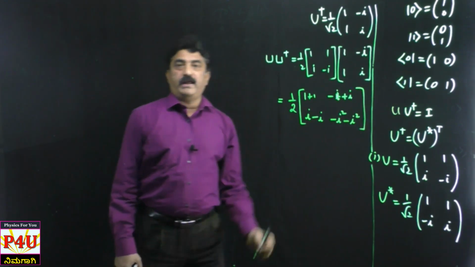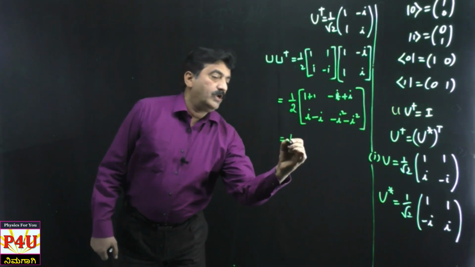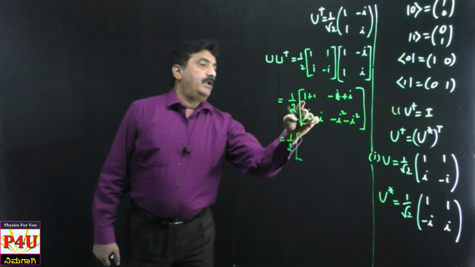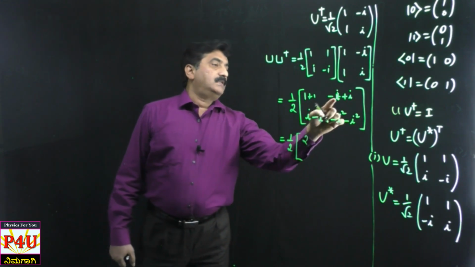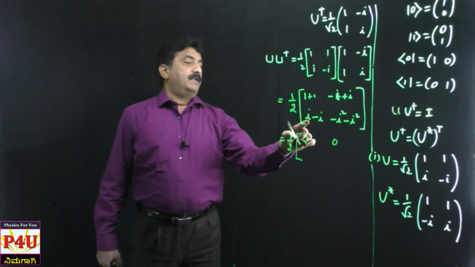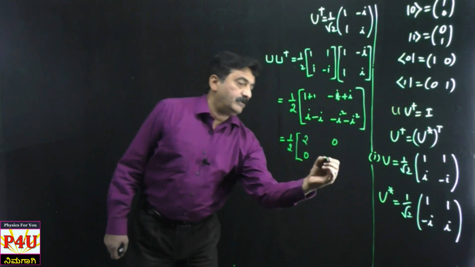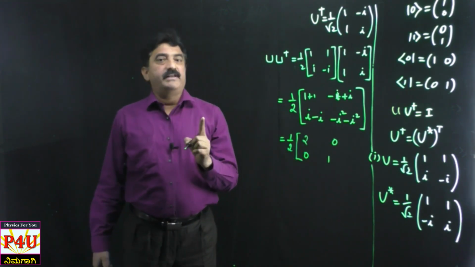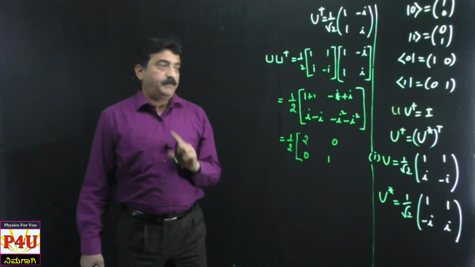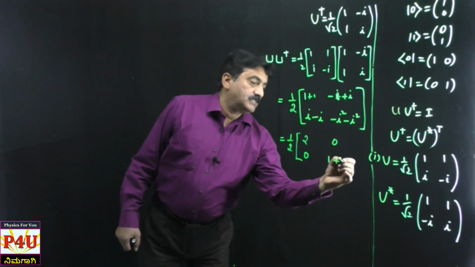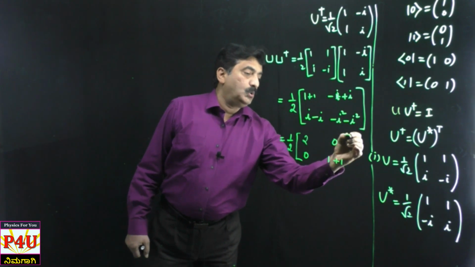Please follow carefully. That is equal to 1 by 2. 1 plus 1, 2. Plus i minus i cancel, plus i minus i cancel. Minus i square, I hope you know, is nothing but plus 1, because i square is minus 1, minus into minus is plus. Again minus i square is plus 1, so that is 1 plus 1, 2, correct?